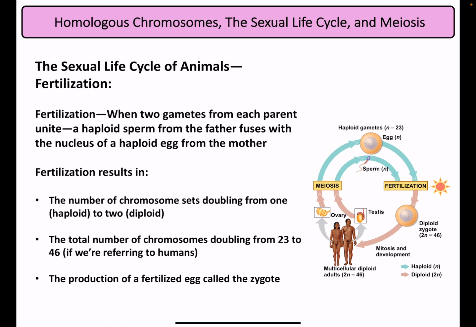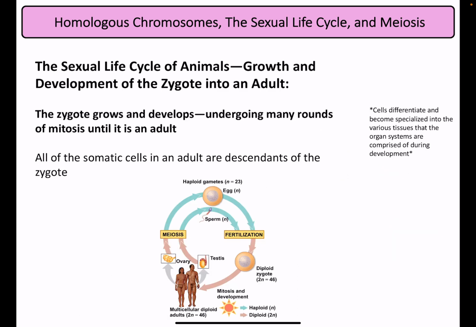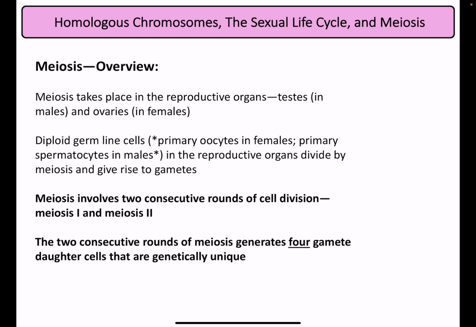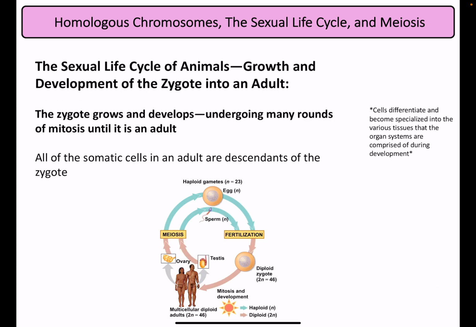Several trillion cells. And that's what I just talked about here. Going from a fertilized egg to an adult is strictly mitosis. So that sums up the cycle.